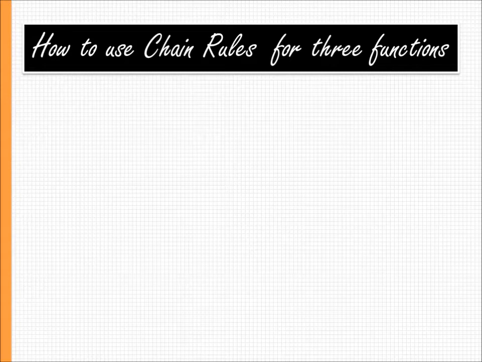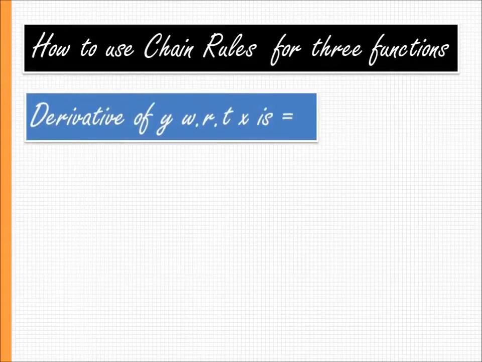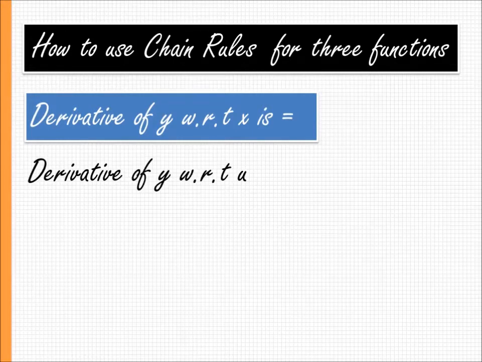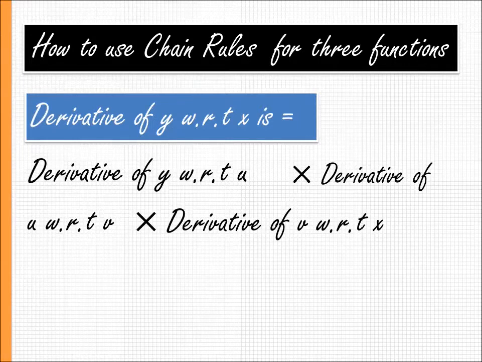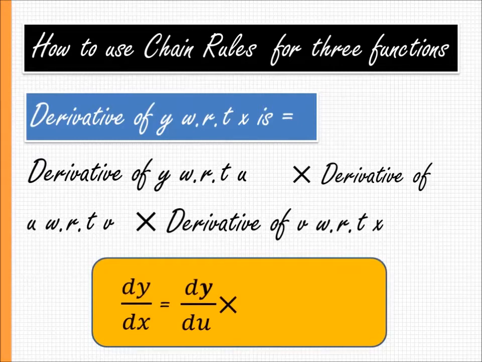And as per the chain rule, if y is a function and if y can be shown to be composed of three functions y, u and v, then in that case the derivative of y with respect to x is equal to the derivative of y with respect to u into the derivative of u with respect to v into the derivative of v with respect to x, or in other words, dy upon dx is equal to dy upon du into du upon dv into dv upon dx.